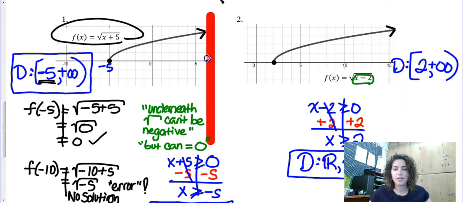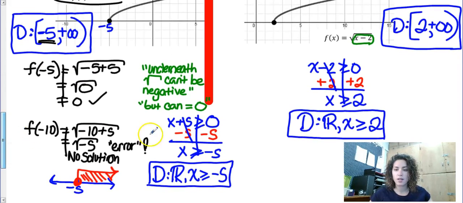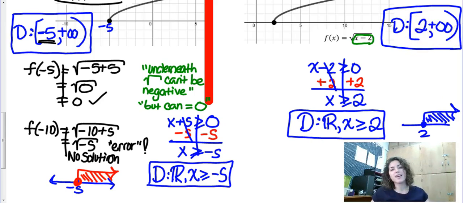So let's see if what we got from the graph and what we got from the algebra match. Greater than or equal to 2 on a number line, I would put a solid dot and shade to the right. Does that mean the same thing as 2 to infinity? It does! It's so exciting, right?